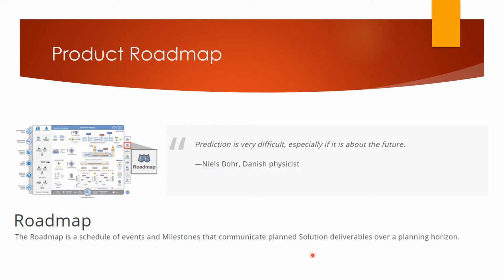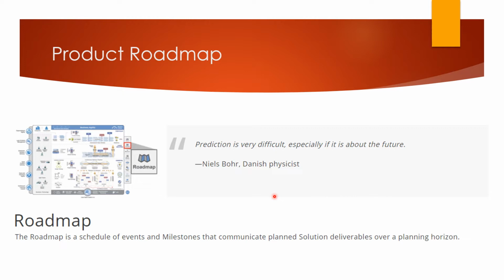So let's look at the quote from Niels Bohr, saying that prediction is very difficult, especially if it is about the future. You may not be able to predict as accurately as you want, but the roadmap will give a high level idea of where we are and the target state from a product vision, and the path to achieve that product vision.